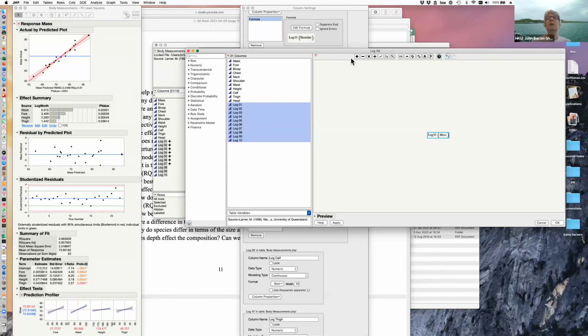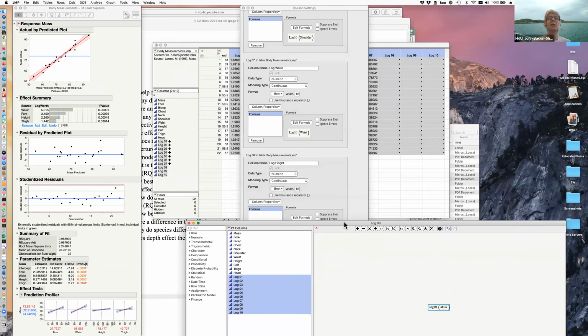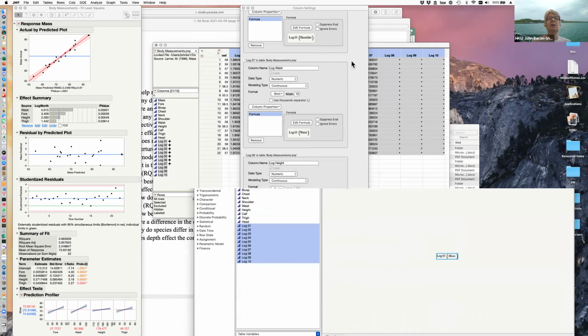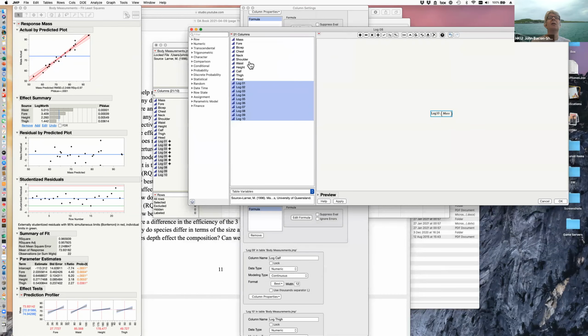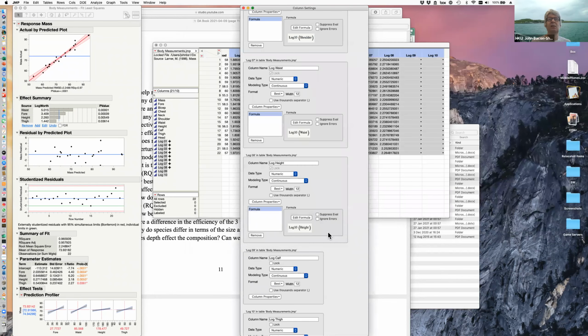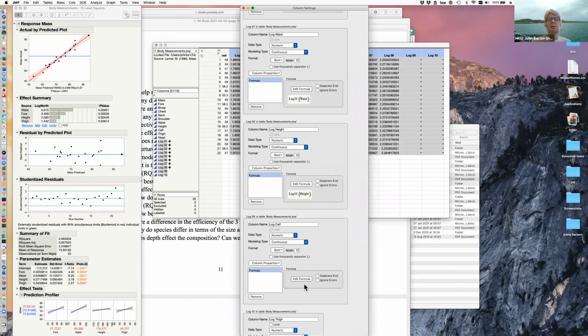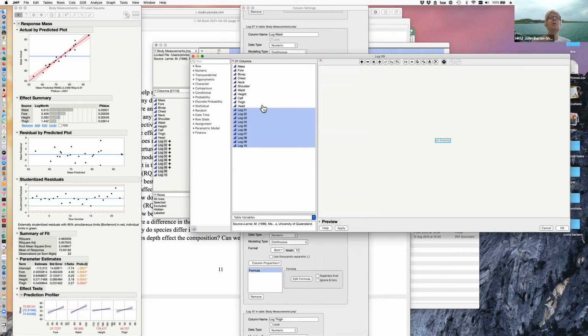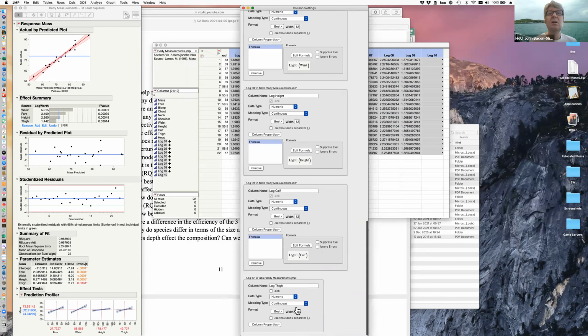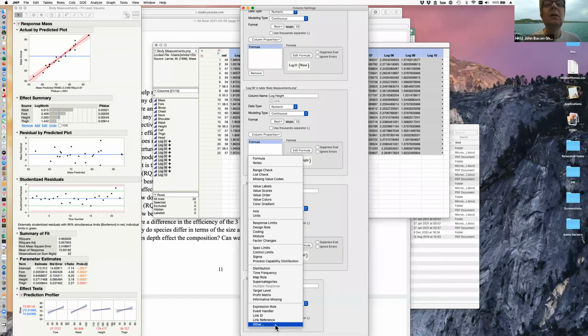This one should be height. Calf. And thigh.